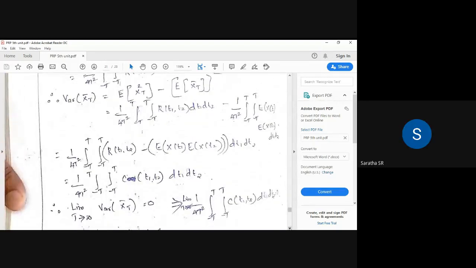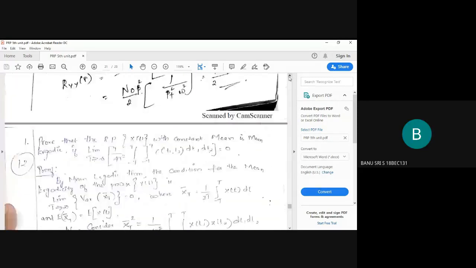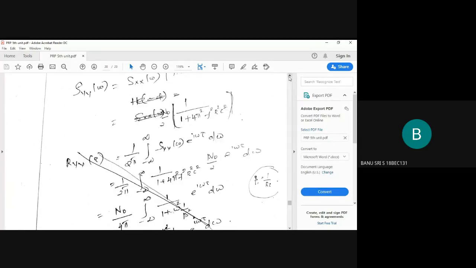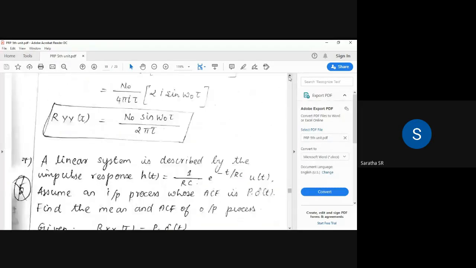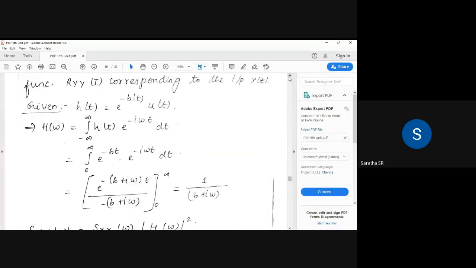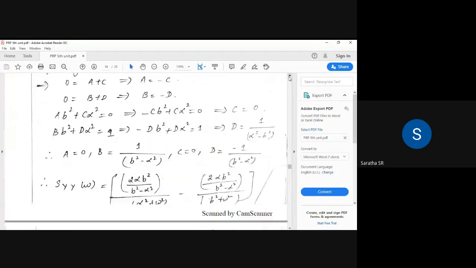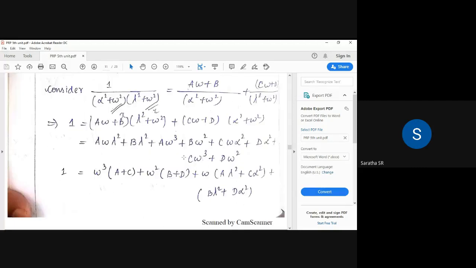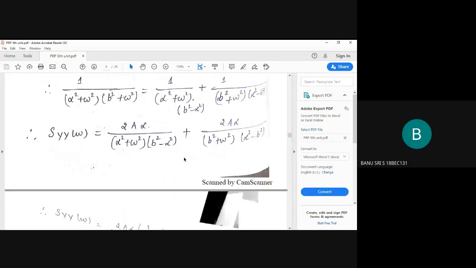Ma'am, in the last class, the second problem, how to find the cross correlation? Which one? The last class, second problem, ma'am. This problem?